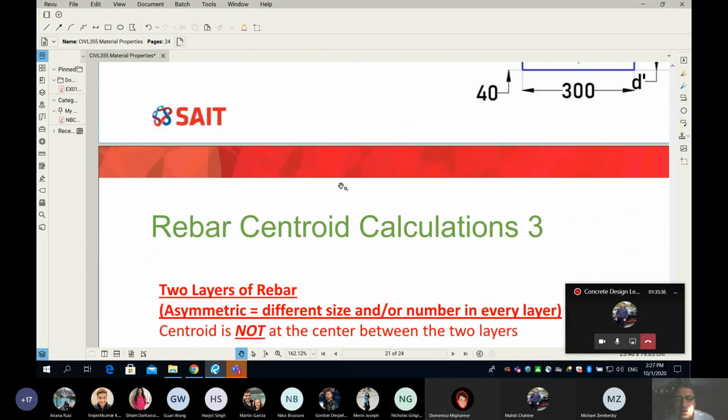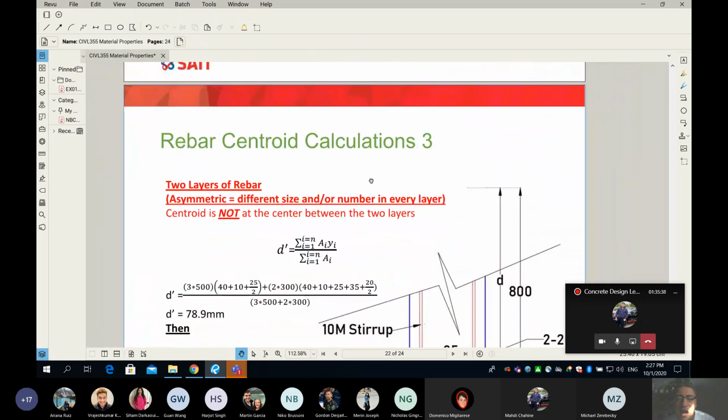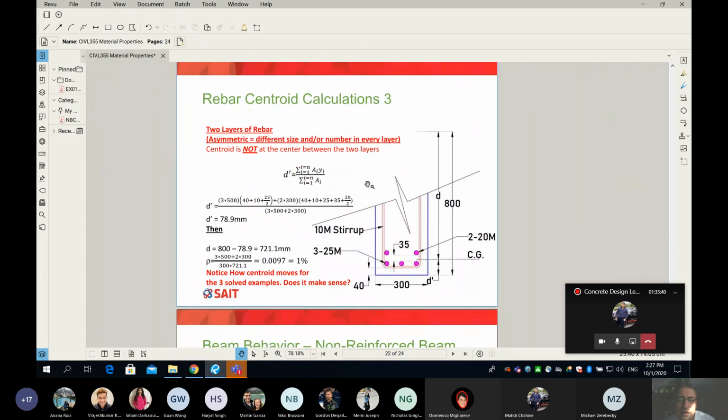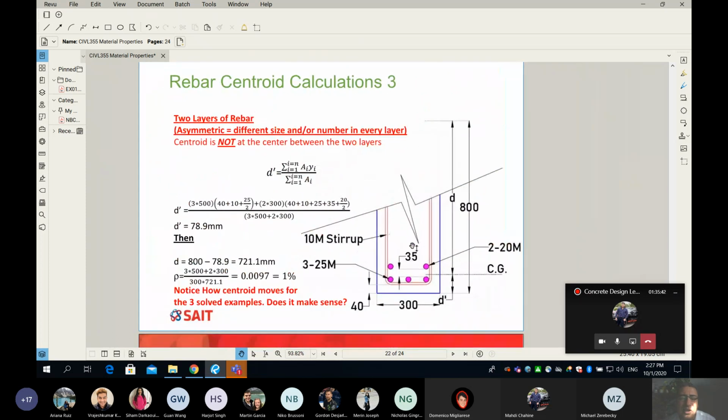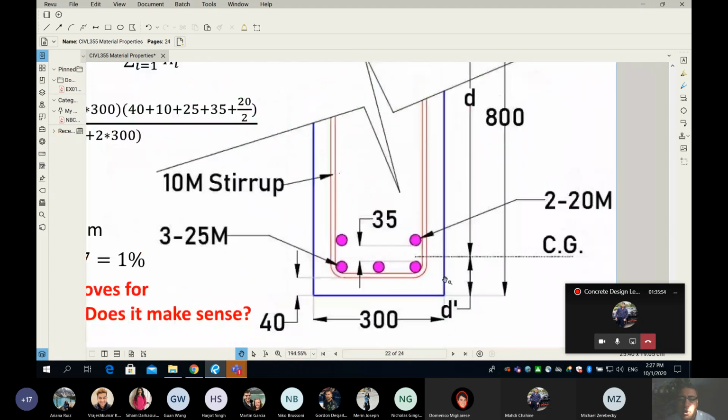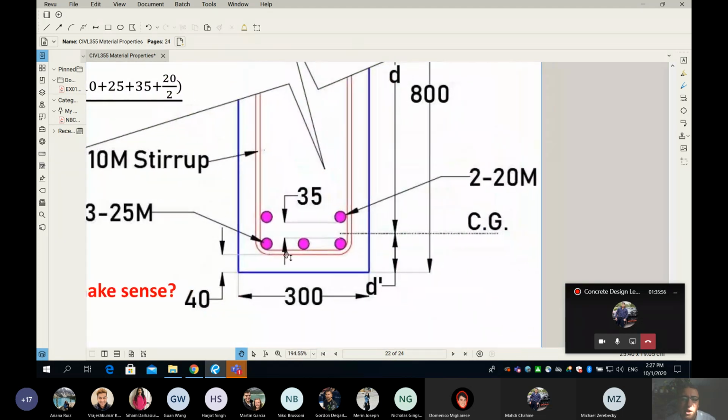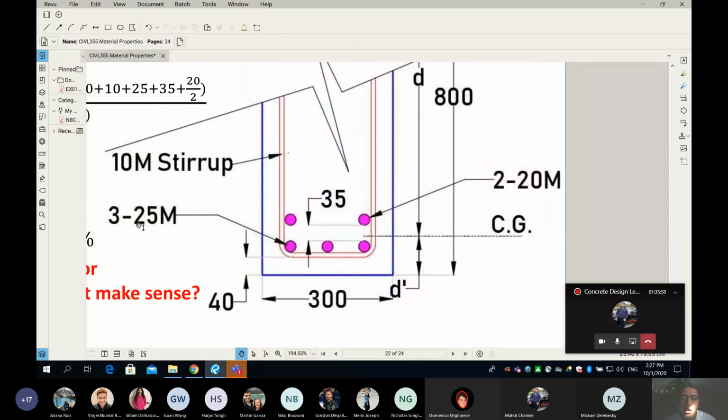Let's move on to the last and the most difficult one, and this one probably you have to remember from strength of material. In this case, it is asymmetric. It means different size and/or number in every layer. Look at this, please. In the first layer, we have 3 25M.